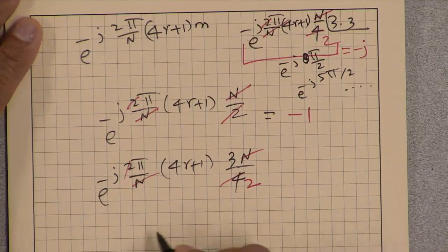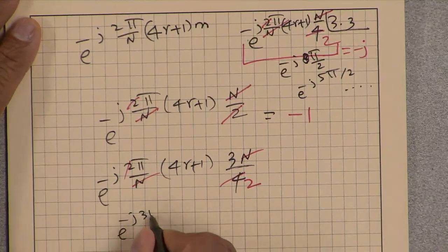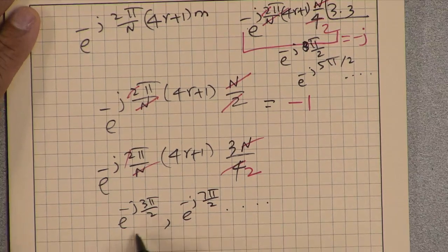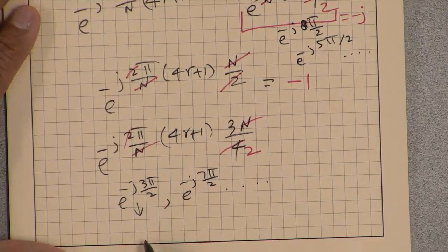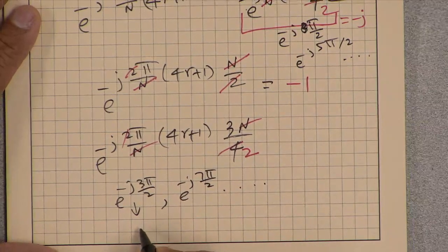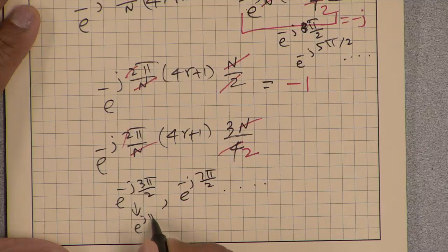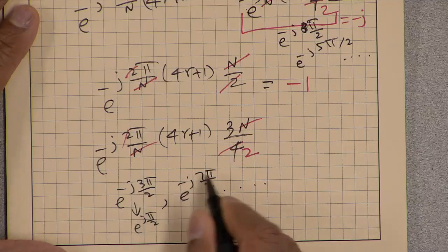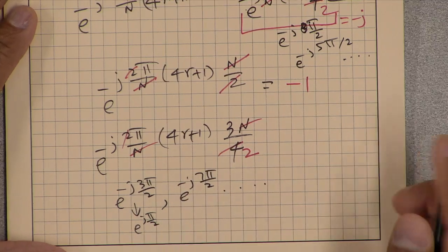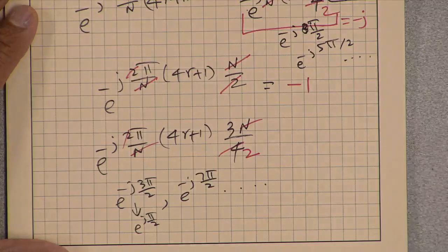So this quantity here is e to the power minus j 3 pi by 2, e to the power minus j 7 pi by 2, etc. And this is the same thing as 1 at an angle minus 3 pi by 2, which is the same as 1 at an angle plus pi by 2. If I just add 2 pi, 4 pi, that's going to be just j. So that quantity is equal to plus j.